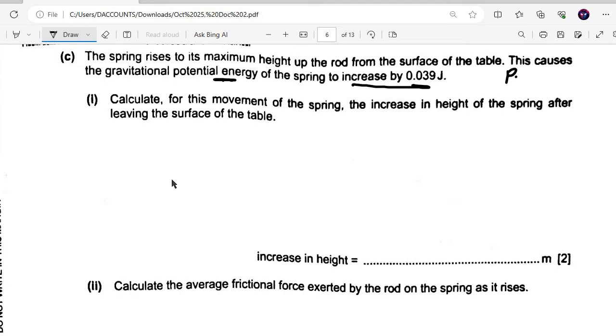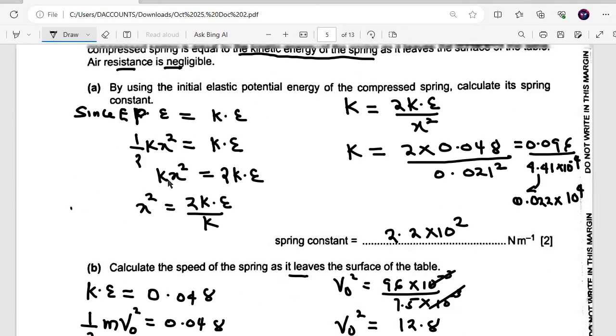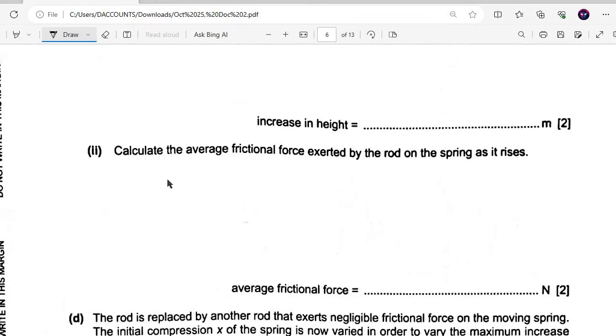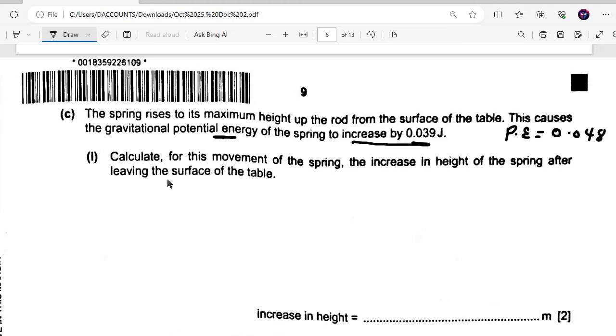Remember that our former potential energy is 0.048, because the question said initially potential energy is equal to kinetic energy, and the kinetic energy we used earlier is 0.048. So our initial potential energy is 0.048.